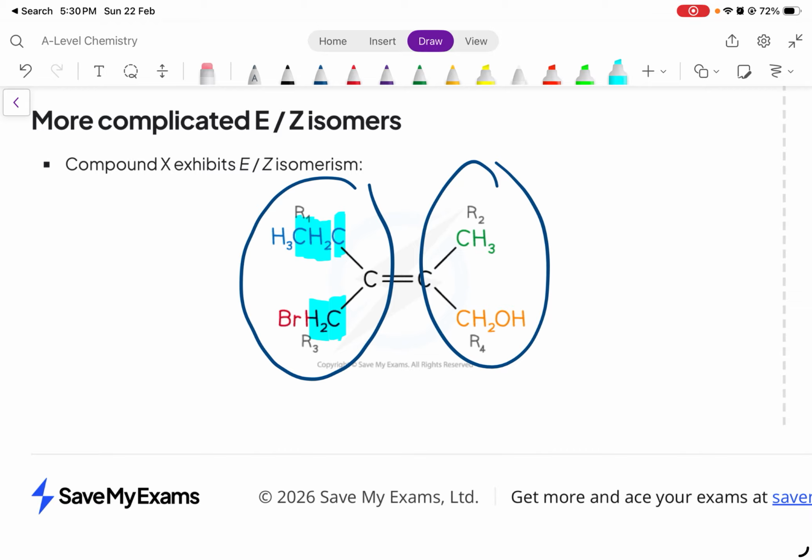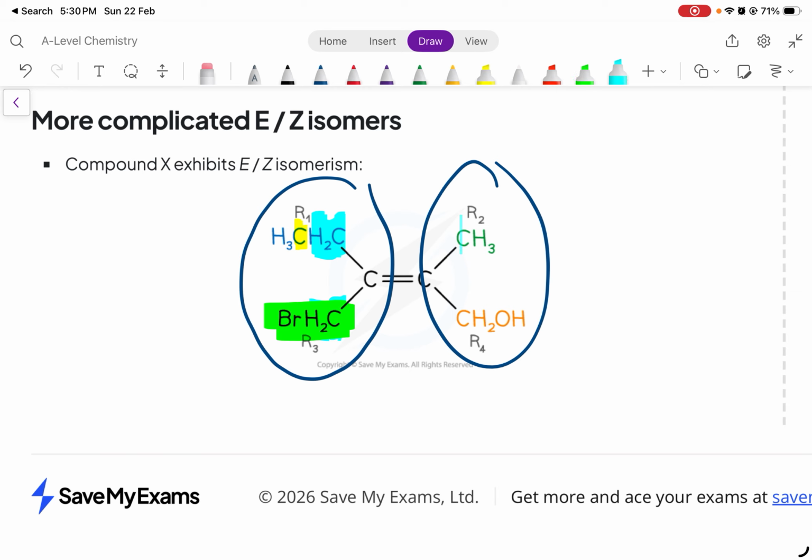When we look at this side, we have to look at who has a higher atomic number again. I'm using a different color to mark where I start looking at my atomic number. When we look at the periodic table, bromine has a higher atomic number, so this is what I want to focus on. Now R2 and R4.